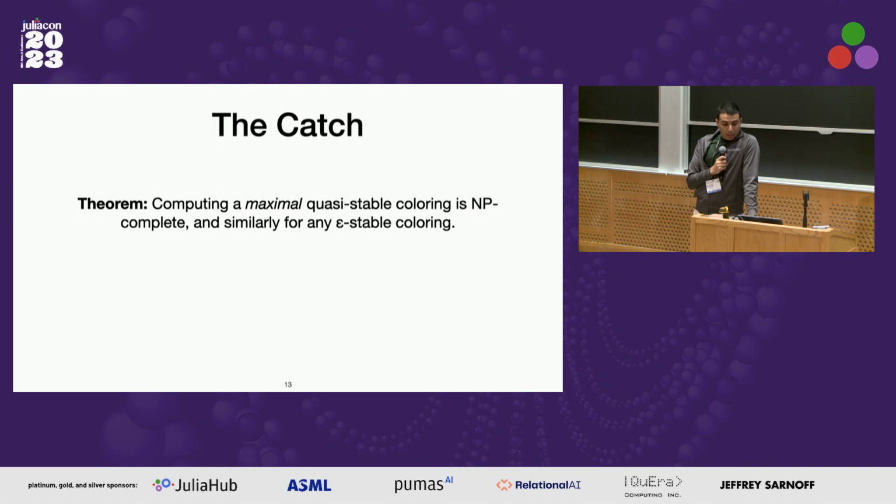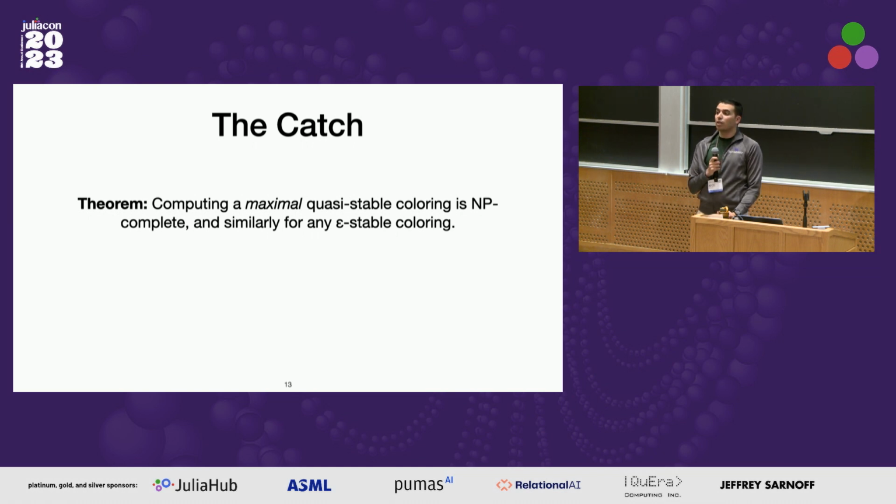One catch I'll introduce, and we show this in the paper, right? Finding these colorings is hard, right? So you can always trivially find a coloring by giving every node its own color, and that's a perfect quasi-stable coloring, right? Because there's no error in any partition. But that again is the case where the coloring degenerates and you don't get any compression.